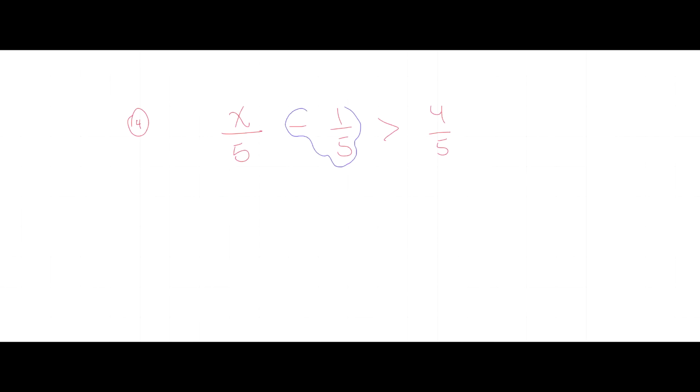So therefore, we're going to add 1/5 to both sides of the inequality. We are going to bring down x over 5. These two are going to be canceled out, bring down the inequality symbol, and then we're going to combine the fractions.